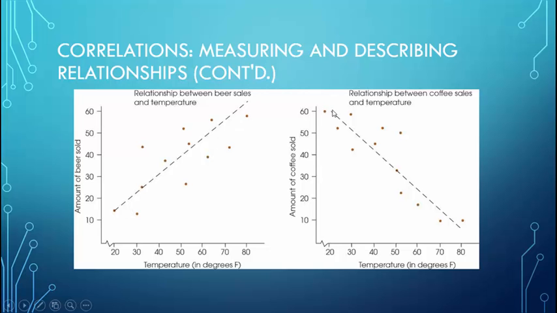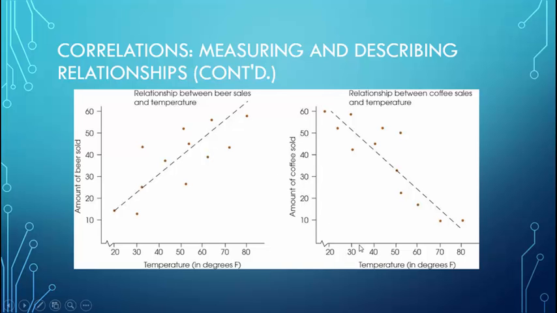And then a negative correlation here, remember, would be your dots look like this downward sloping line from left to right. And here's our relationship between coffee sales and temperature. So temperature again on the x-axis, coffee sold on the y-axis, and in a negative correlation, the variables move opposite each other.